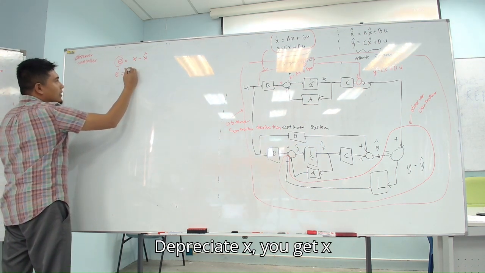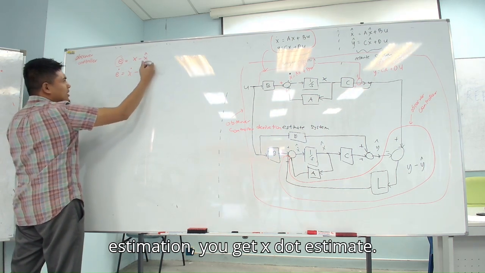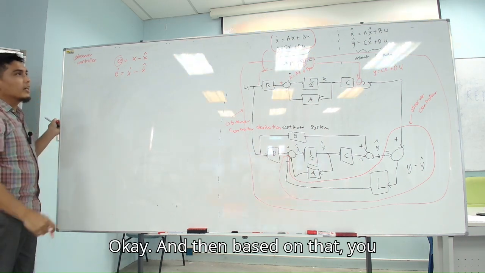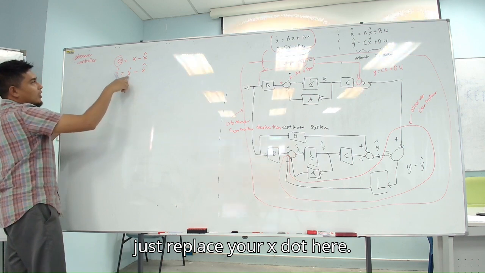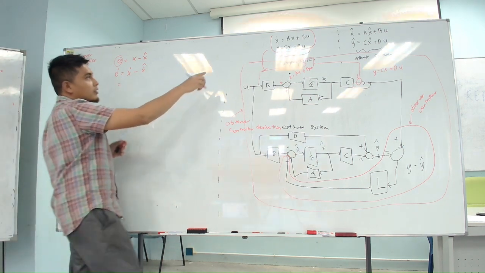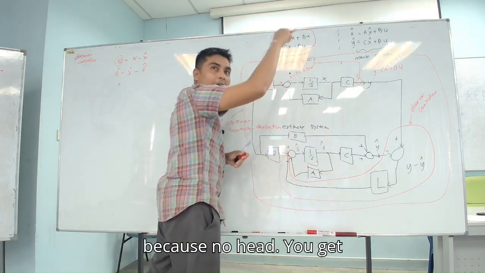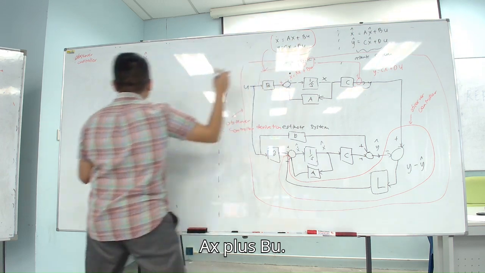Differentiate x, you get x dot. Differentiate x estimation, you get x dot estimate. Okay, and then based on that, you just replace your x dot for x referring to the original system. You get ax plus bu.